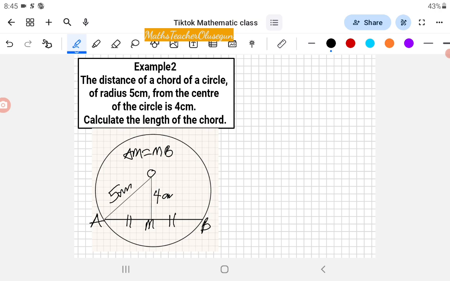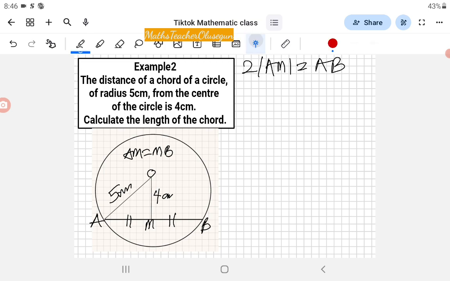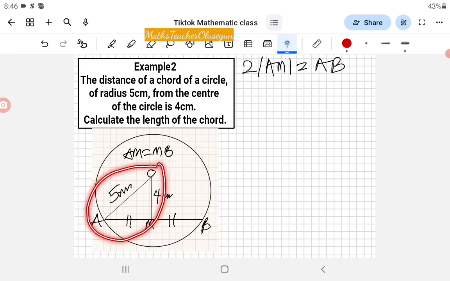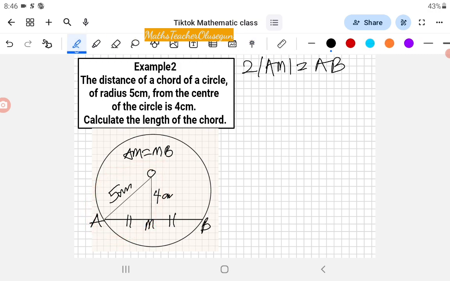So the length of the chord, which the question asks us to calculate, will be twice the length of AM, that is AB equal to 2 times AM. That will be the length of the chord. So let's consider triangle AOM.